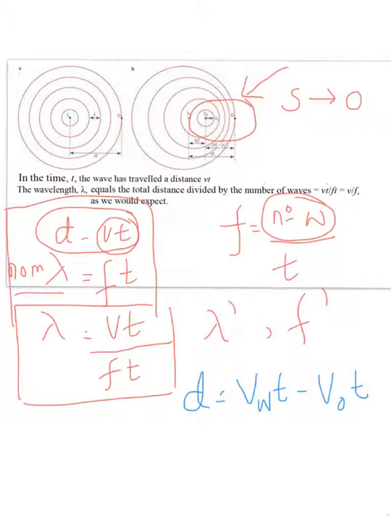Now, we don't need that. We want the wavelength. So now our wavelength is going to be equal to vwt minus v0t over the number of waves, which is still ft.